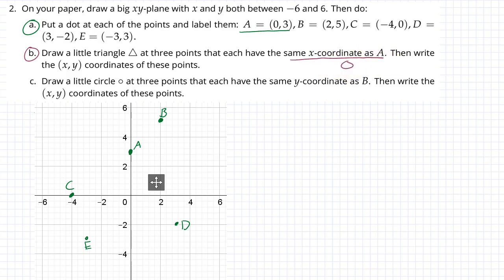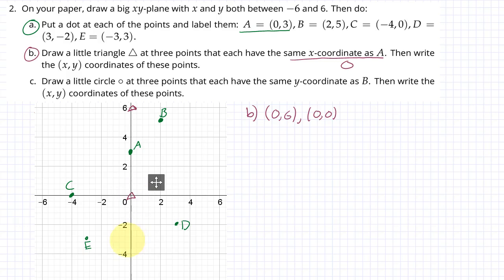Some other points that have 0 as an x coordinate, anything on the y axis here would work. So that one is 0, 6, excuse me. Here's another one. 0, 0 is the origin itself.